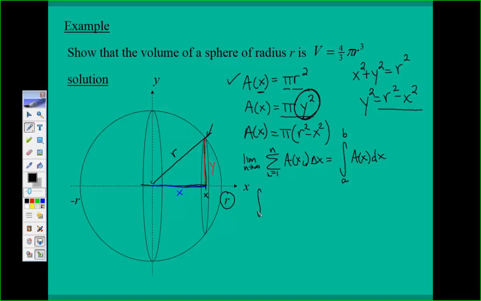We have from negative r to r. And our A of x is here, so we're going to plug in pi times r squared minus x squared. And that's our area of each cross section. And then we would multiply that by dx, or put it in differential form. So there's our integral.